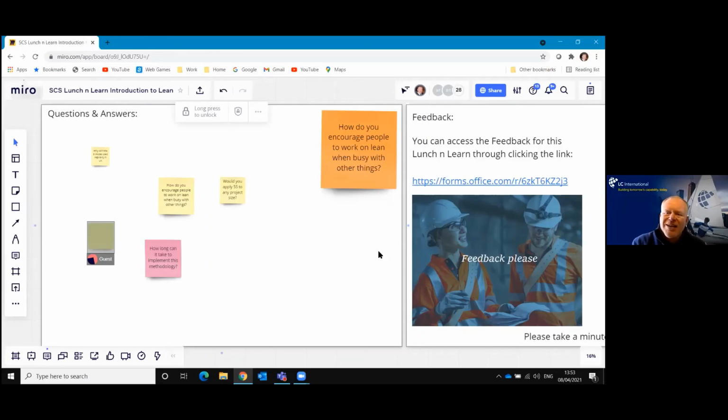And if they're not doing anything, then I may then start to coach with them around, well, what could they do? Who could they involve? What actions could they take? And that's how I usually encourage people to start to take action. Because if they take action when they're busy with other things, the chances are the things that are causing frustration will then give them that free time in the future.